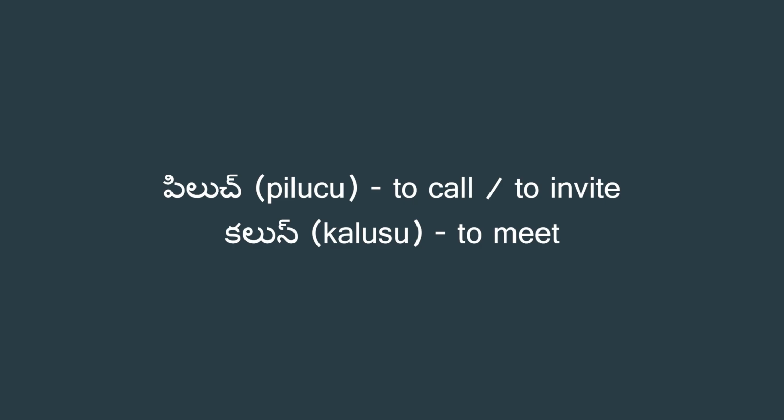We may also observe the following related verbs: pilucu, to call or to invite, kalus, to meet. Based on the vocabulary introduced above, we now proceed to examine how these verbs function in the formation of past tense constructions. Let us now examine the lesson in a detailed and systematic manner step by step.